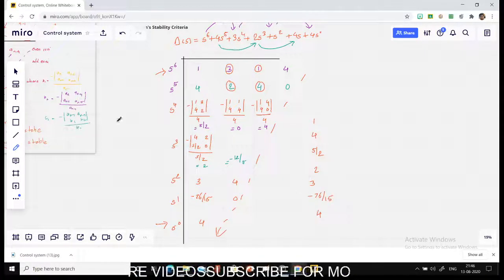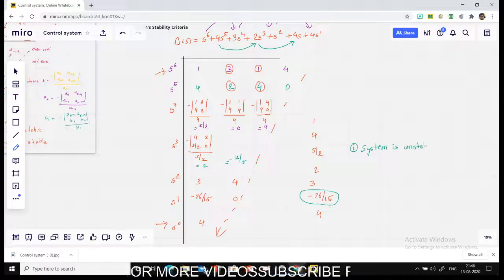So there is a sign change, right? Here is the sign change, so the system is definitely going to be unstable. That is the first answer, because of the sign change.